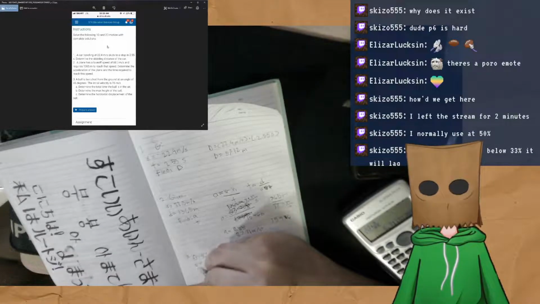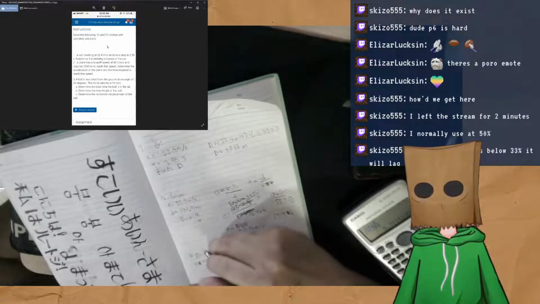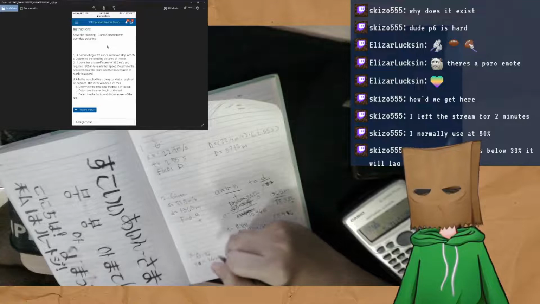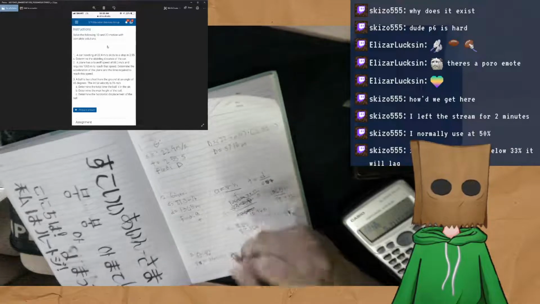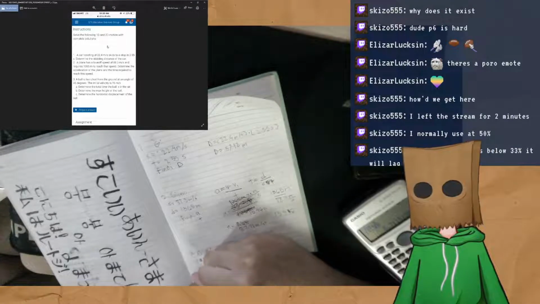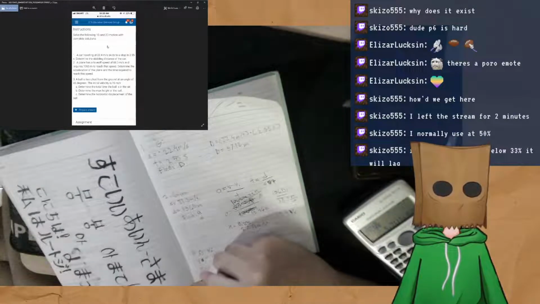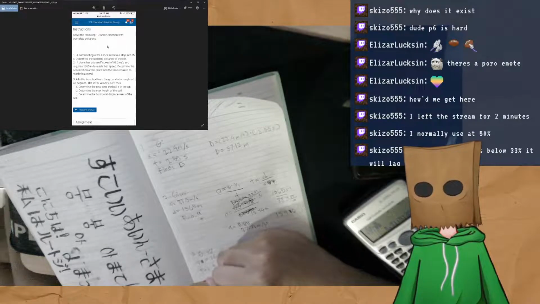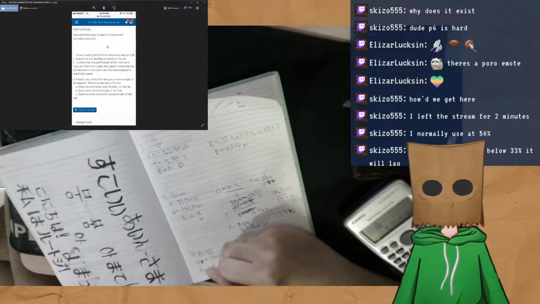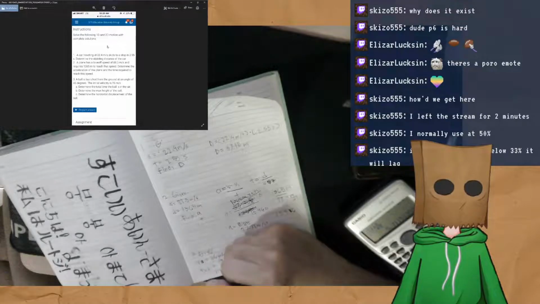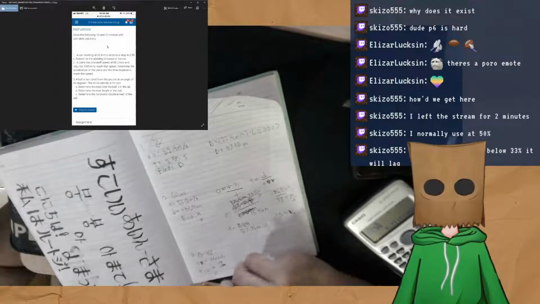Velocity. Height. Displacement. Is height a vector quantity?